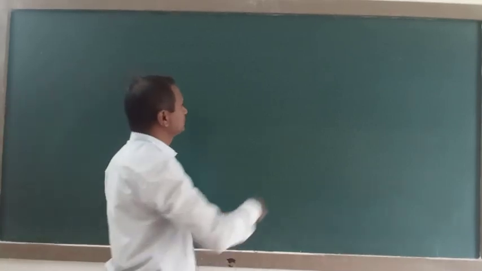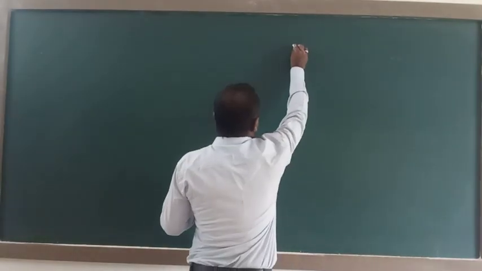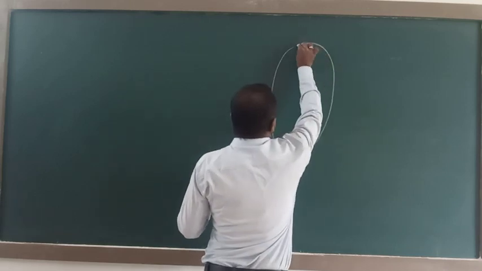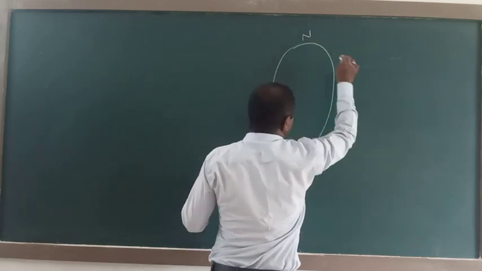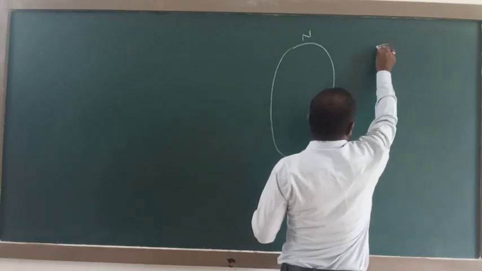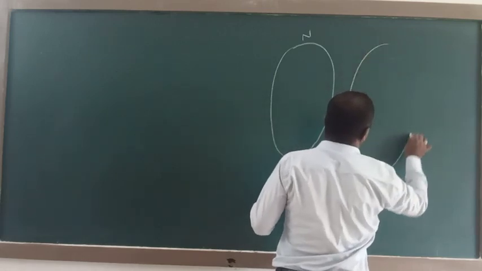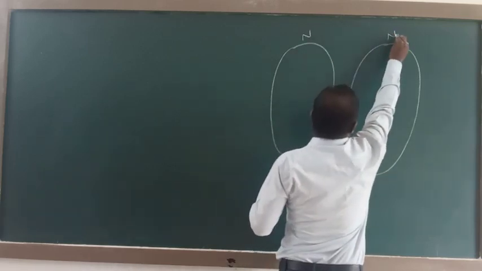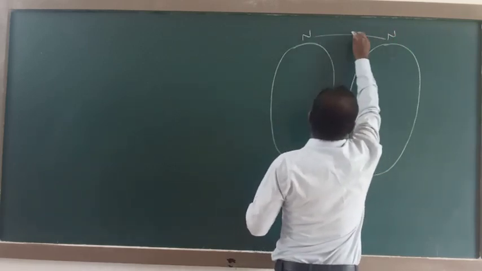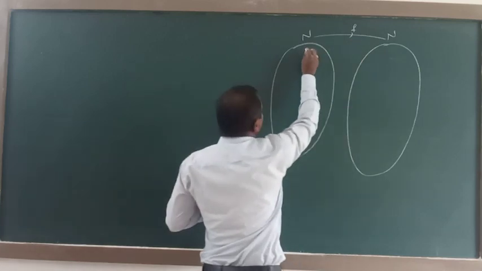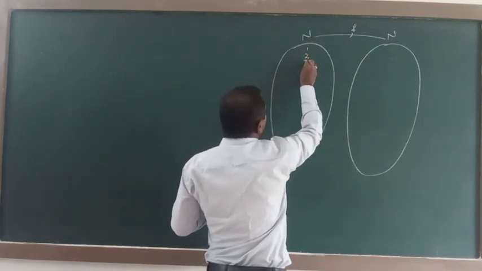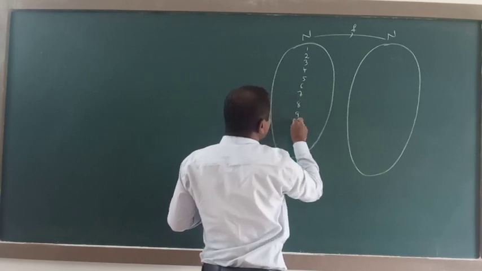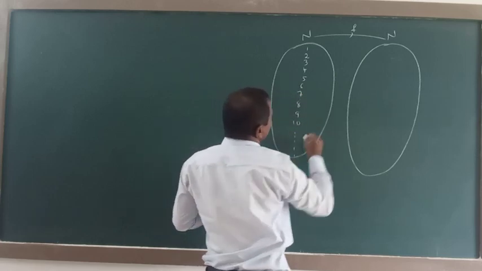Here it is the set of all natural numbers, N to N mapping. 1, 2, 3, 4, 5, 6, 7, 8, 9, 10 and so on, like this.